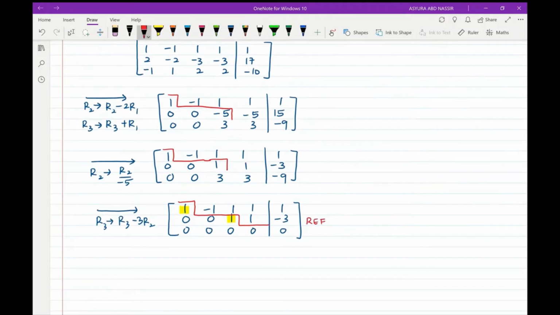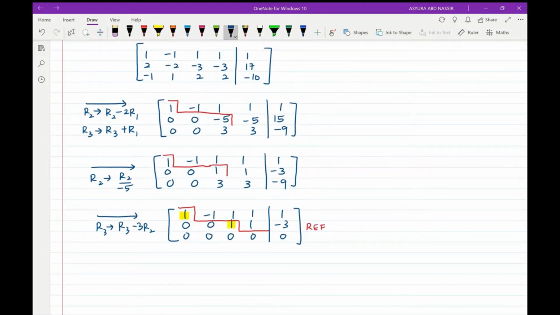To solve this system, the next step is to identify the leading variables and free variables. Look at here, the leading variables are x and z. Why? Each column represents x, y, z and w, and the only columns that have a leading one are x and z.